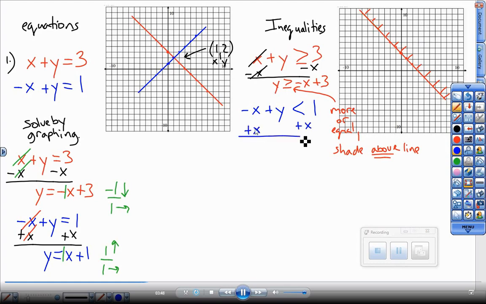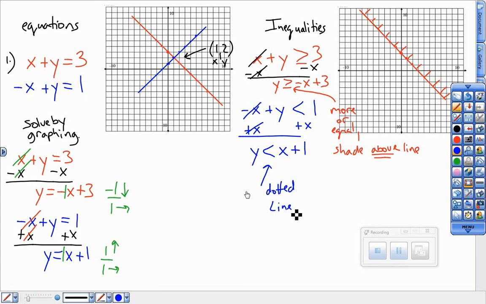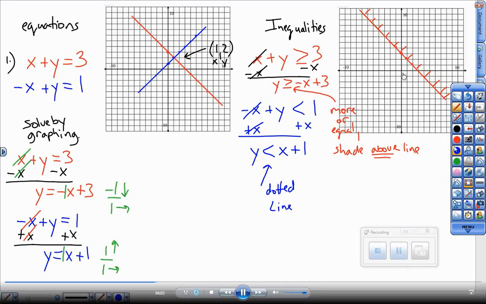For the blue one, add x to both sides, gives me y less than x plus 1. If I have the line missing, that means your line is incomplete too. It's going to be a dotted line. That means points along that dotted line are no good. You cannot use them. So +1, over 1, up 1, over 1, up 1, over 1, up 1. Stair step the other way.